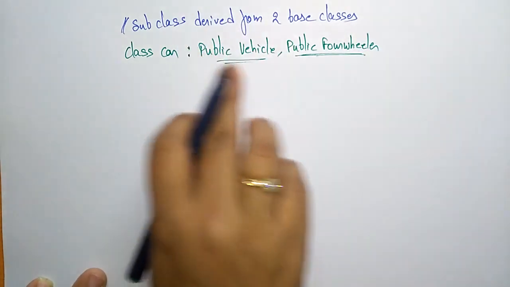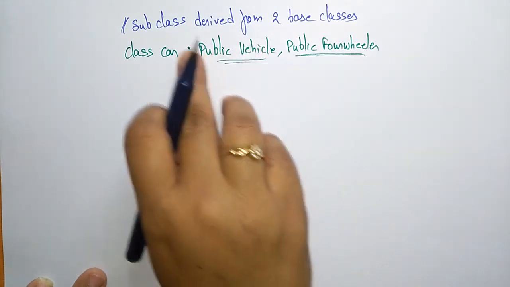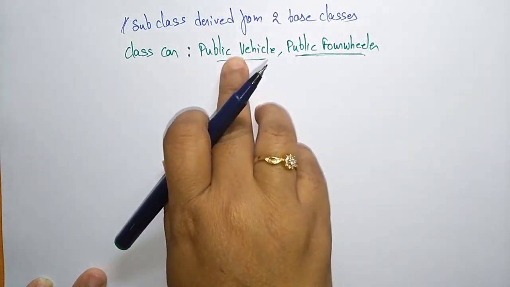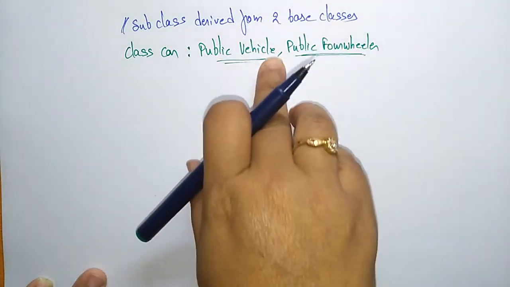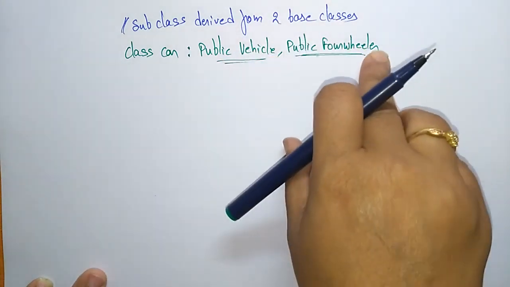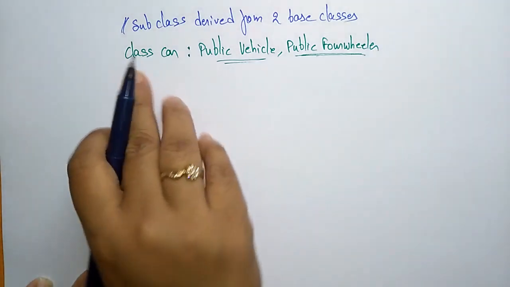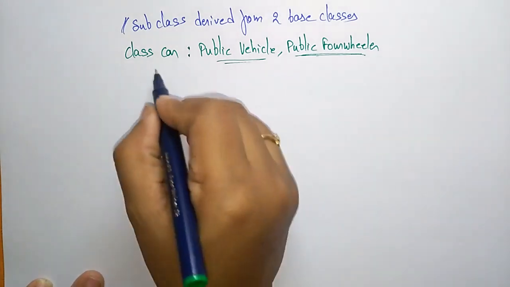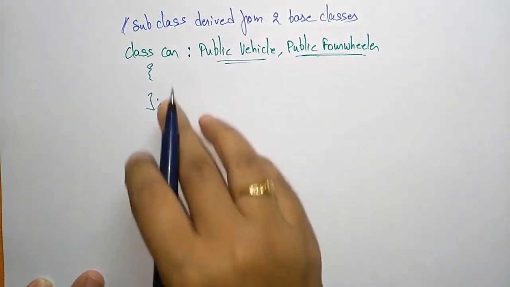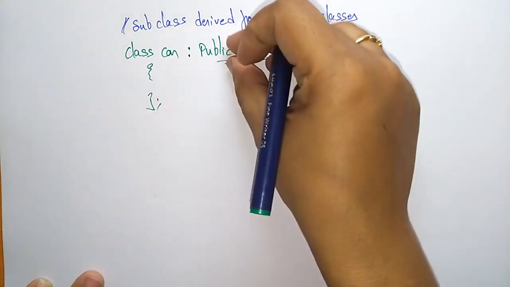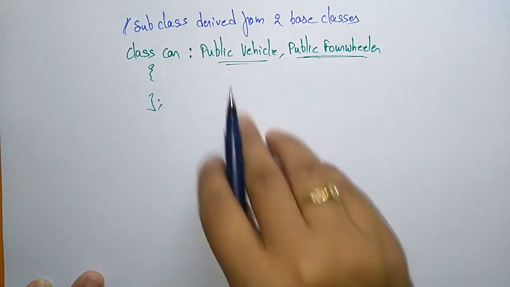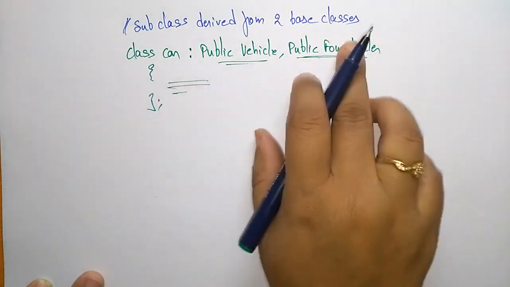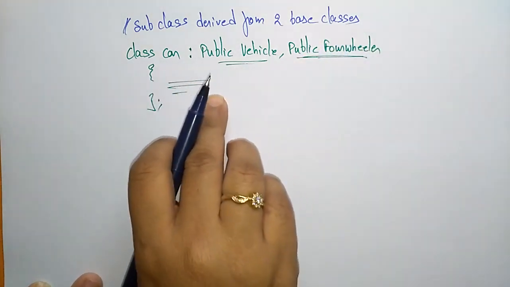Whichever is written first is inherited first. Suppose the four-wheeler is written first and the vehicle after, then first it inherits the properties of the four-wheeler and next the properties of the vehicle. So this is class car, a subclass, and these two are the base classes. Here I didn't write anything because the complete code of the inherited properties will be replaced here. First the public vehicle code is replaced here, and after that the public four-wheeler code.